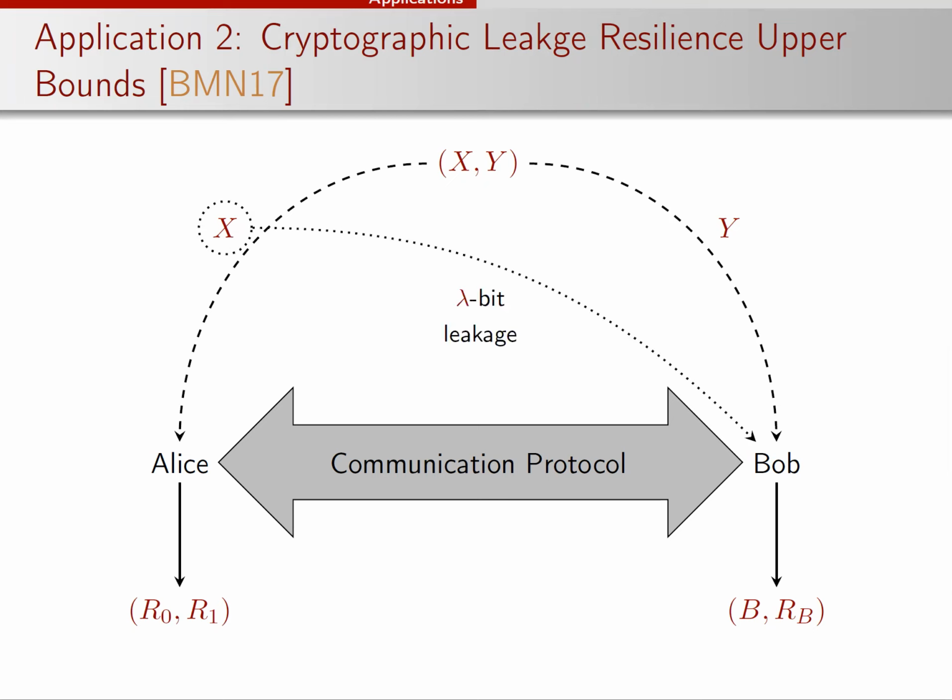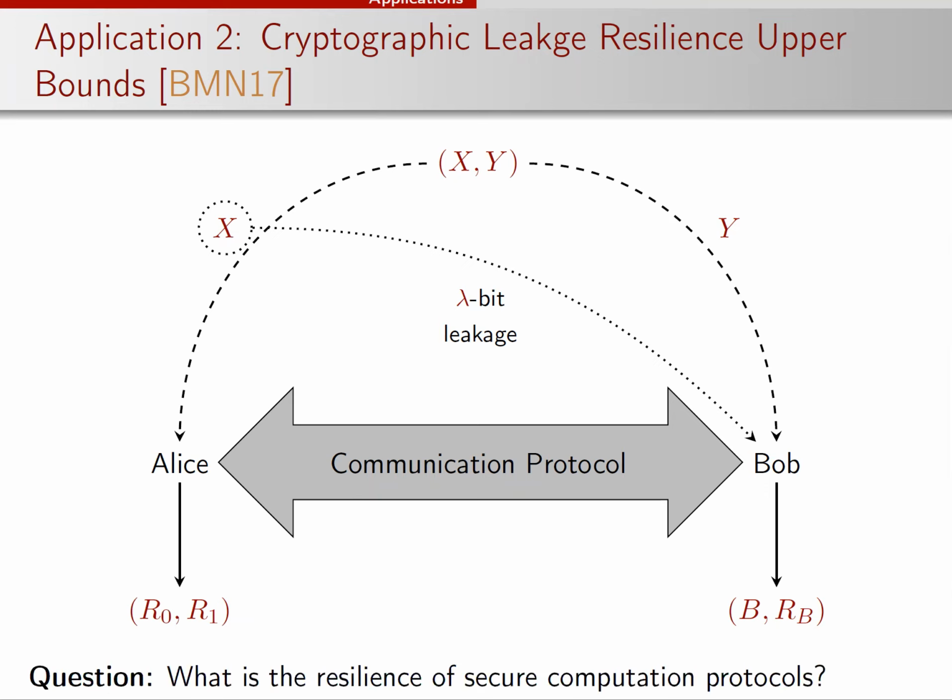So in this model, Bob also gets lambda bit leakage from Alice's share X and vice versa. Alice also gets lambda bit leakage from Bob's share Y. So we are interested in the maximum leakage resilience of secure computation protocols. And it turns out that this is related to the P4-free partition number.